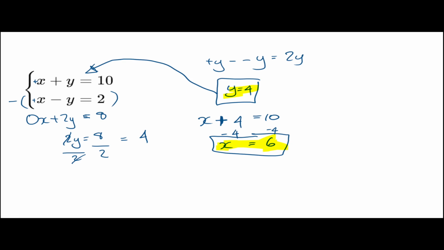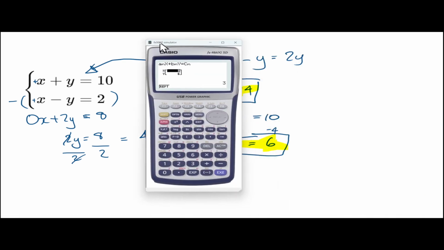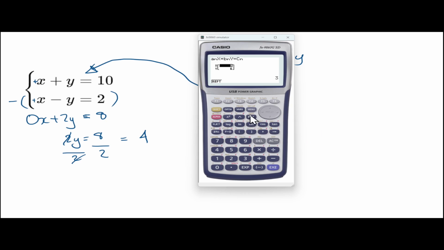And in fact, let's do that using the calculator. I'm going to go to menu, equation there. 1 for simultaneous equations. There are 2 unknowns, x and y. 1, 1, 10, 1, minus 1.